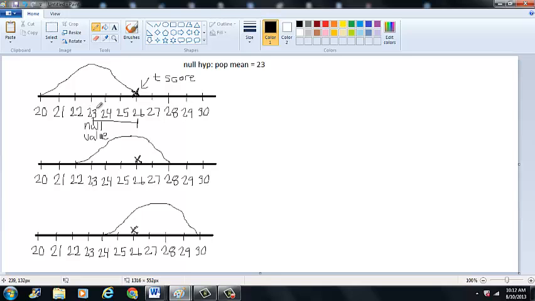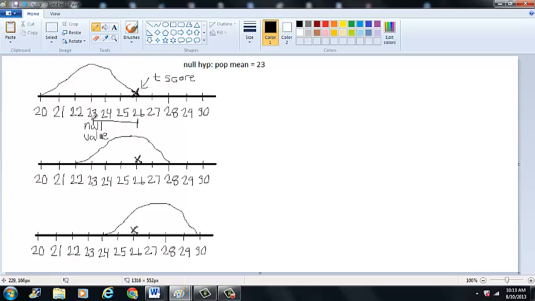If we decide that the population mean isn't 23, meaning we reject the null hypothesis, and we decide that the population mean is somewhere closer to our sample out here, for example somewhere up here, and that the curve is centered somewhere up here, our sample of 26 isn't in an extreme end of the curve anymore, and it becomes more believable. And that's basically what happens when you reject the null hypothesis.